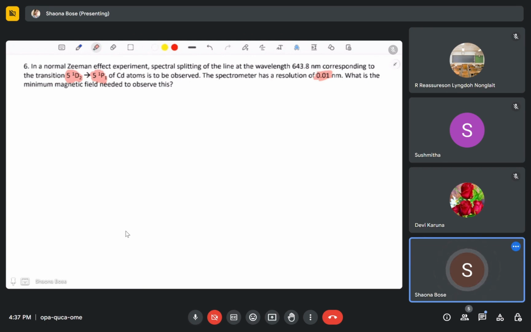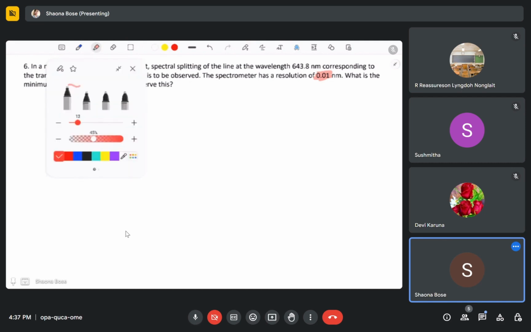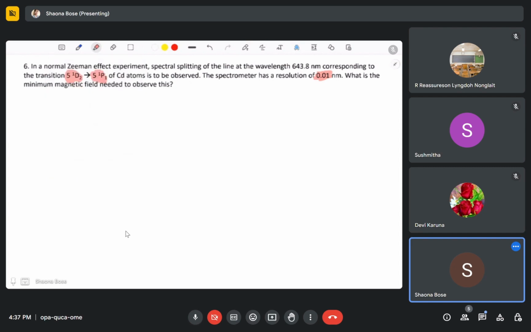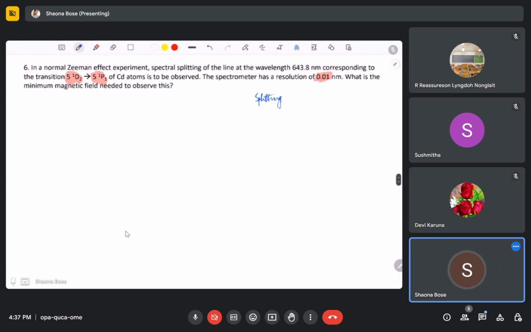We have been only talking about magnetic field split, right? Under an applied electric field, what is that called? Anybody? That is called the Stark effect.